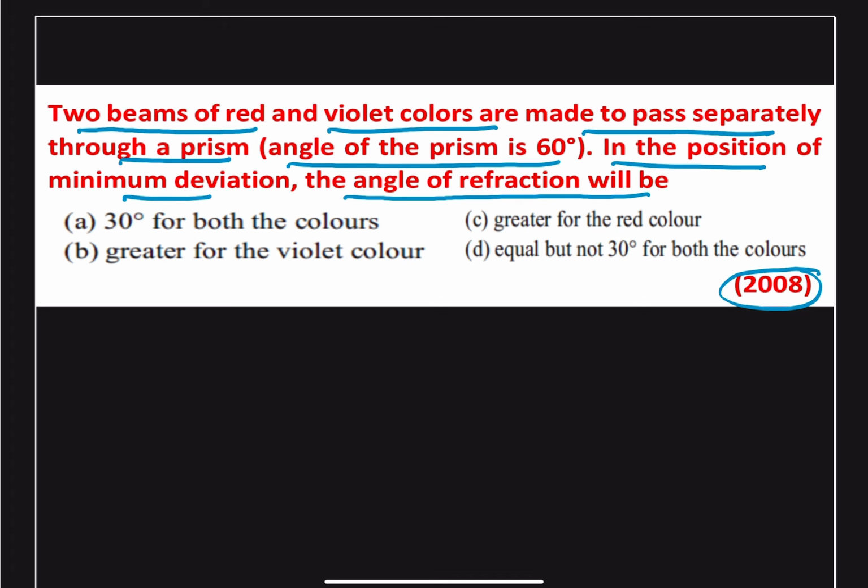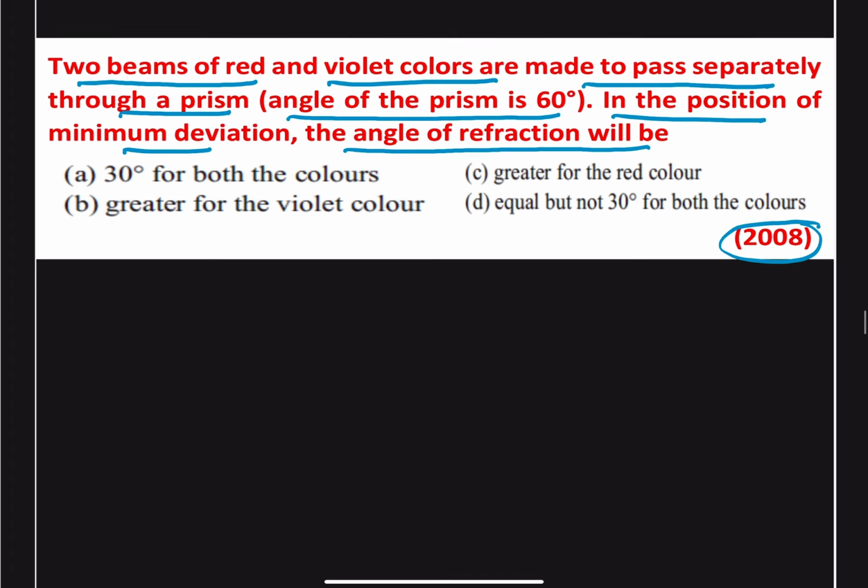So we are basically given the prism, so we can draw a rough approximate figure for that. If A is the angle of prism, and let us suppose this is our incident ray, and this is our normal, and this is a refracted ray, and this is a normal, and it is going to move in this direction.